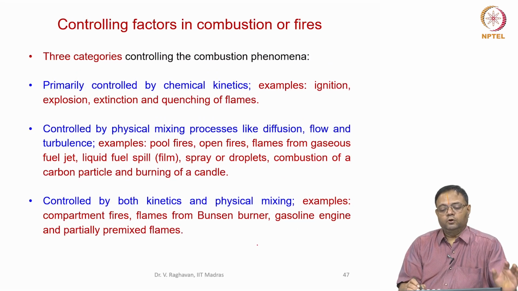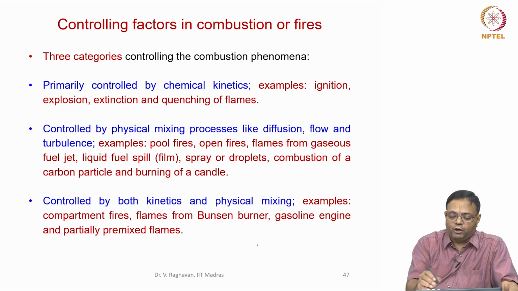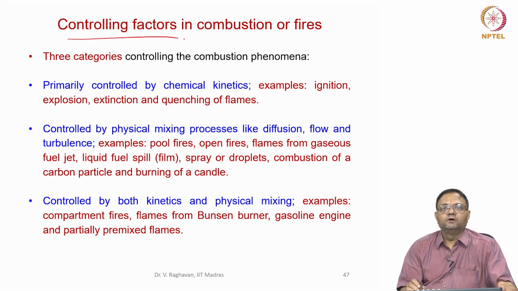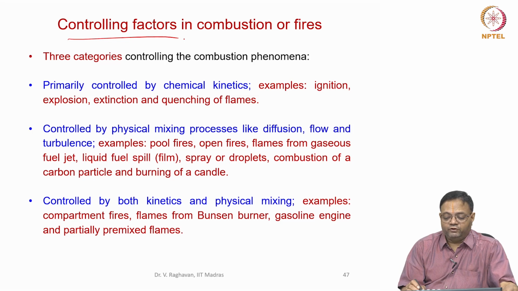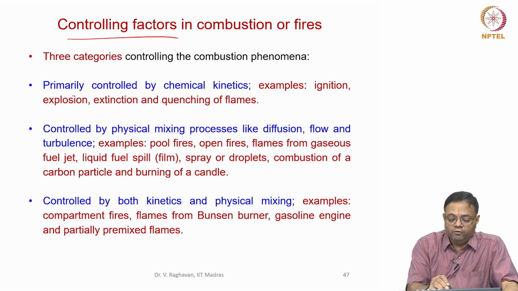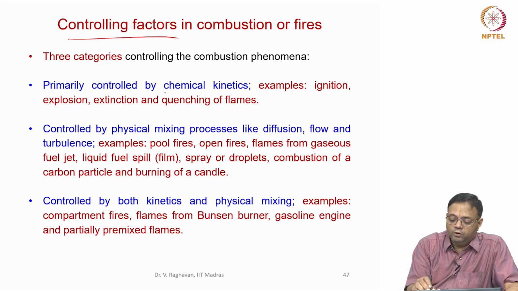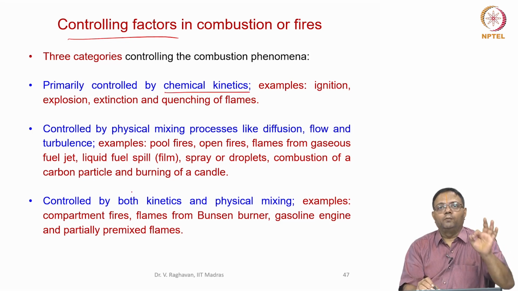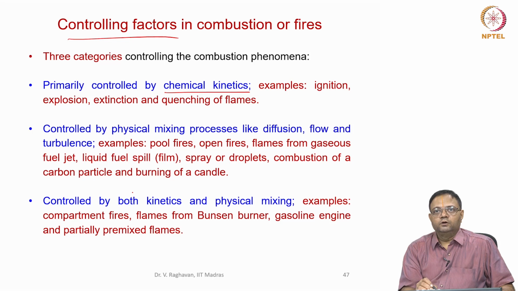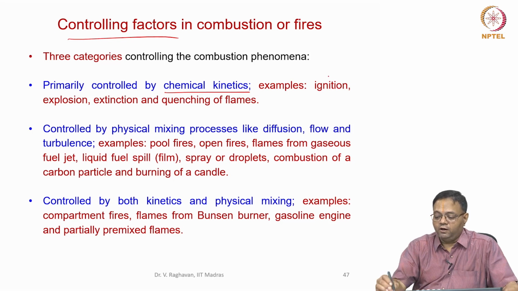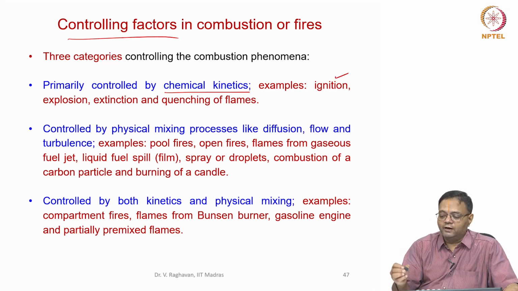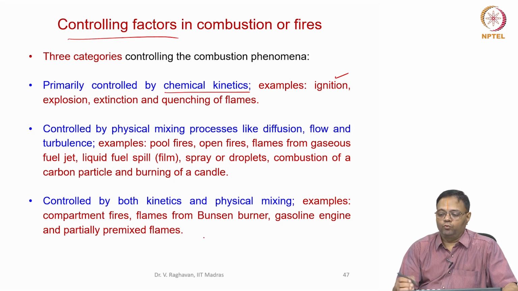Now let us also understand some controlling factors of combustion or fires. First one is when you have some process which is controlled by chemical kinetics. The examples are ignition. When you want to ignite something, chemical kinetics plays a role. Why?